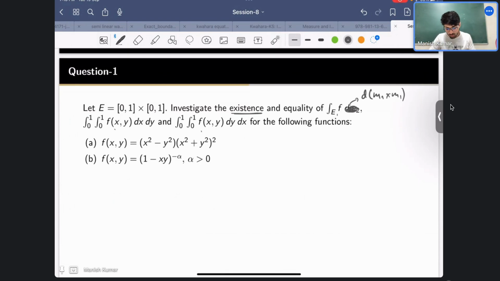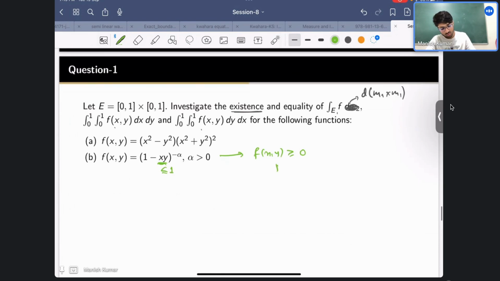So let's start with problem B first. You see f(x, y) is always greater than or equal to 0, because x and y are in the interval [0,1], so xy is always less than or equal to 1. So this quantity is always greater than or equal to 0.